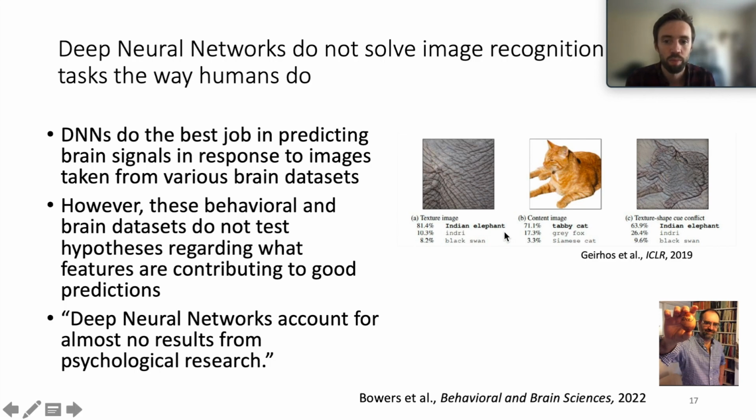Here's an example where Geirhos and colleagues used a style transfer algorithm to overlay a picture of a cat with the texture of an elephant's skin. Now, most humans, if asked to classify this, would say that this is a cat, perhaps with some doubt. However, a deep neural network classifies this with quite a lot of confidence as an Indian elephant.